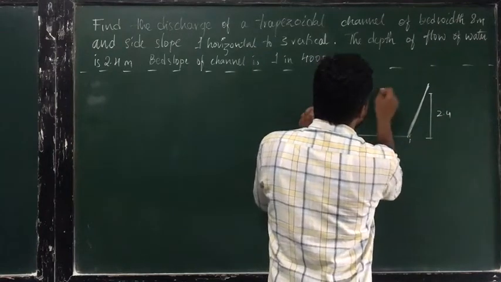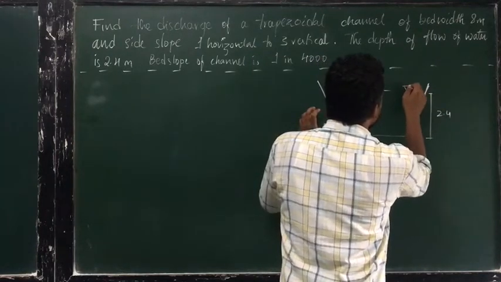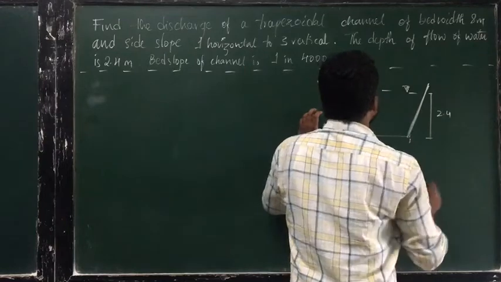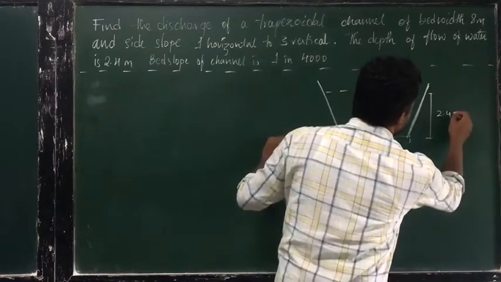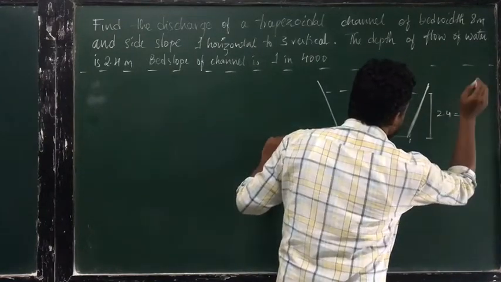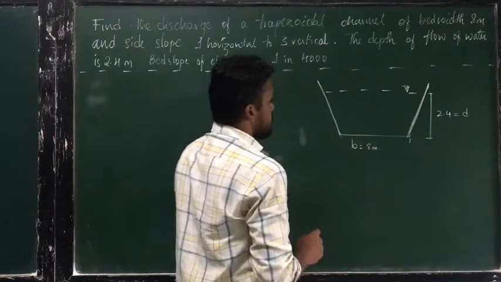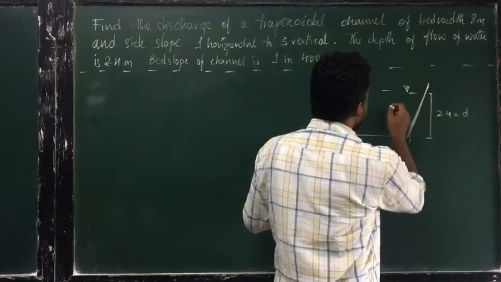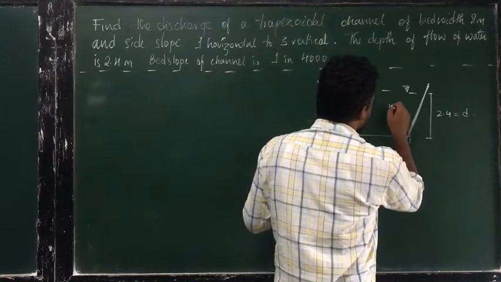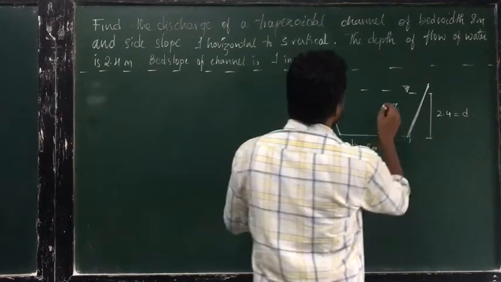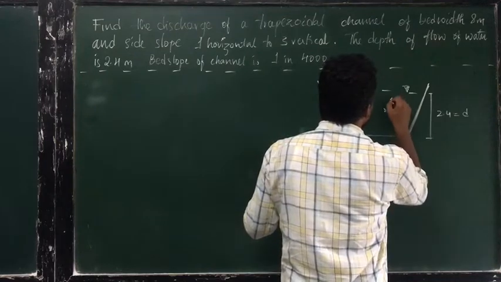So this is our free surface. Depth of flow D is equal to 2.4, B is equal to 8 meter and the slope is given as 3 vertical for 1 horizontal.